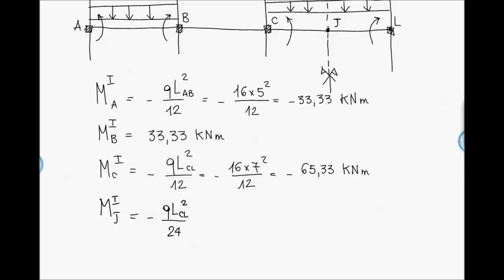It is minus because by looking at the node J on the left, we will have a counterclockwise bending moment. So it is equal to minus 32.67 kilonewton meter.